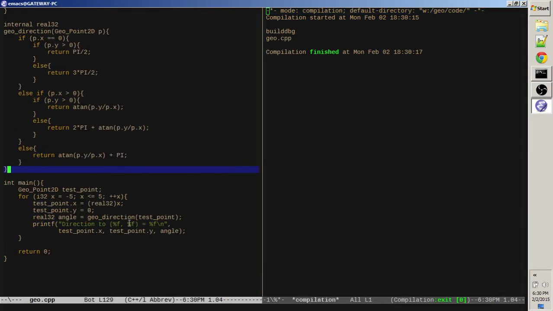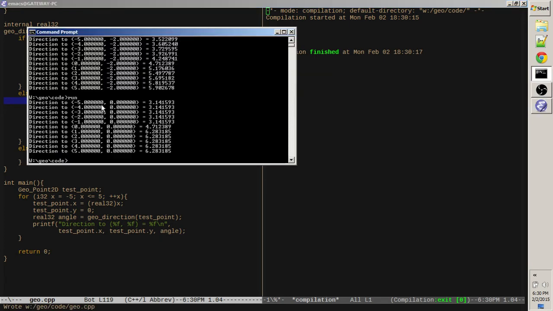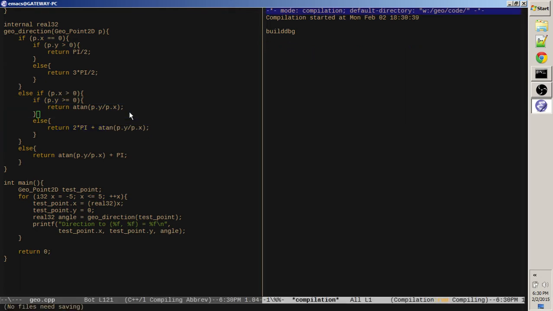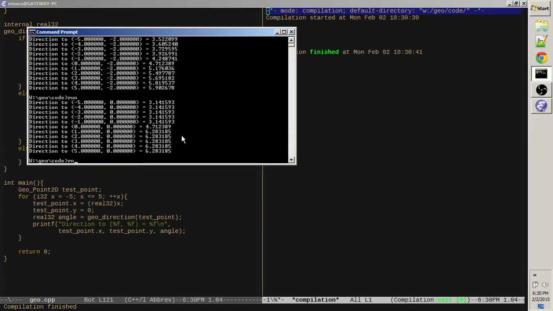Where is it 2 pi? Here. If x is greater than or equal to 0 now is correct. The reason for that is if I don't do equal to 0, then it comes down here and it does 2 pi where I want it to do 0, because it's basically taking 0 and adding 2 pi to it. There we go.